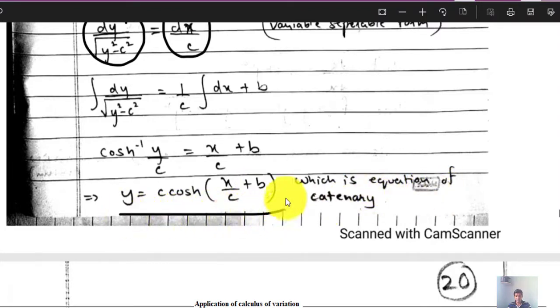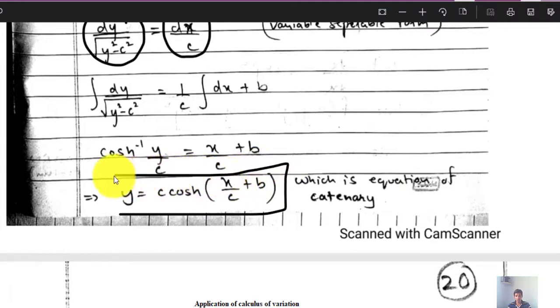Usually when you solve a catenary problem, most of the time you will end up with this particular equation. Depending upon the values of c and b, you get this answer.